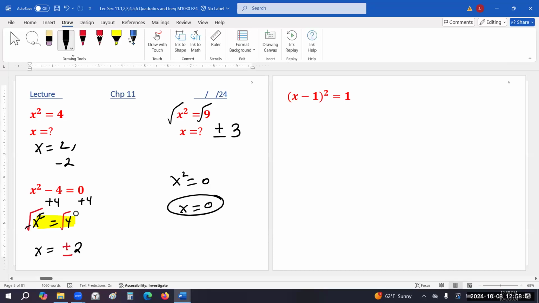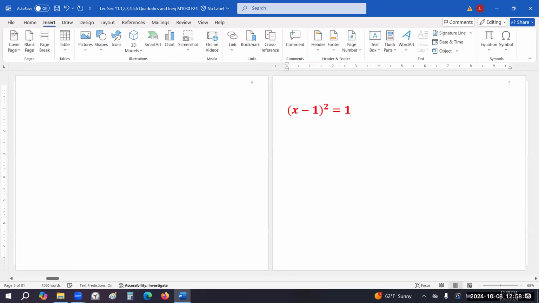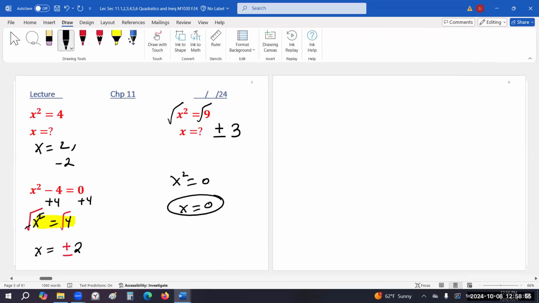Let me insert a page here. (x - 1) squared is 1. One of them, when x is 2, we have 2 minus 1 squared, which is 1 squared, which is 1. So yeah, 2 minus 1 squared is 1.